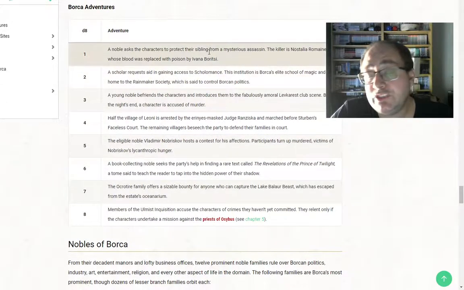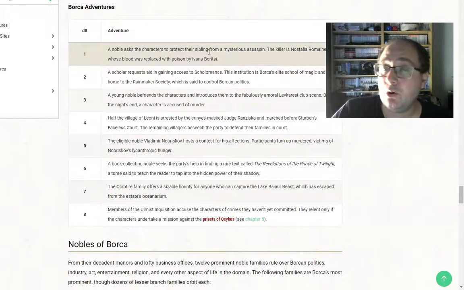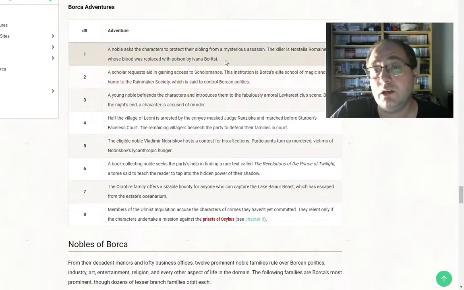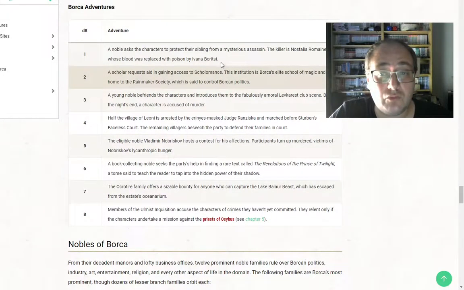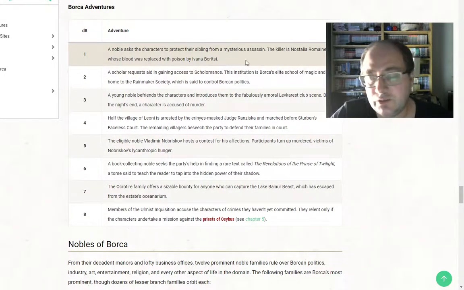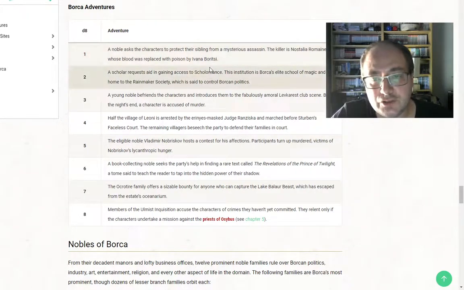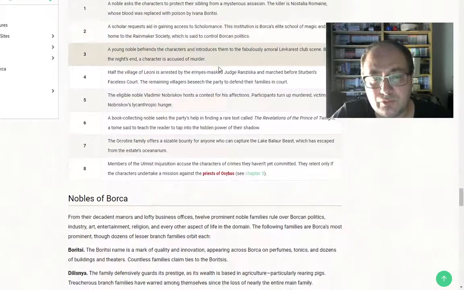GM tools. Now, the GM tools here are good. The only problem is that these tools are not particularly horror themed. They would be great if you're running a political campaign, because you've got pretty good ideas for political adventures and related explorations.